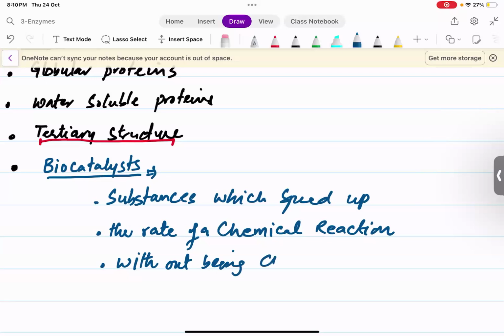So this is used as a description of an enzyme.